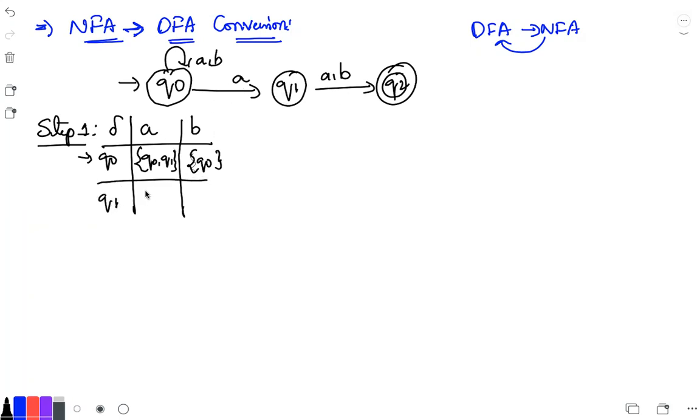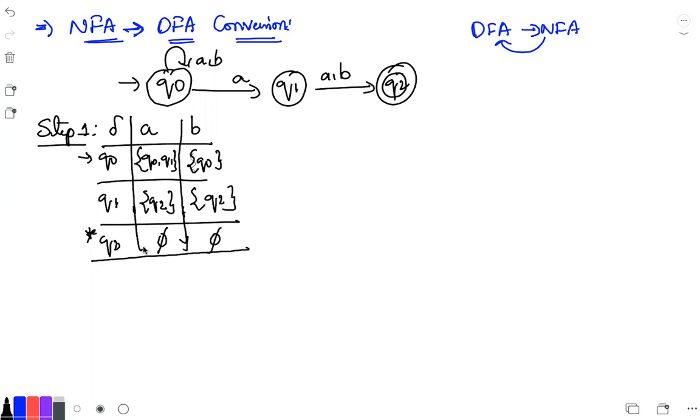Q1 on A is going to Q2. Q1 on B is also going to Q2. What about Q2, which is the final state? Nothing, right? From Q2, no paths exist. So write it as phi, not null, not epsilon. It is phi. So for the given NFA, this is the transition table.